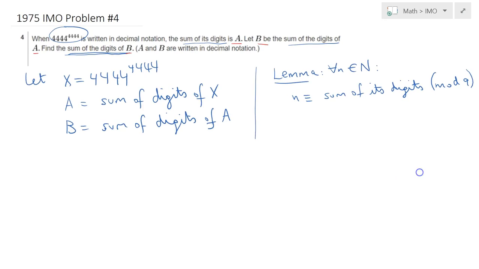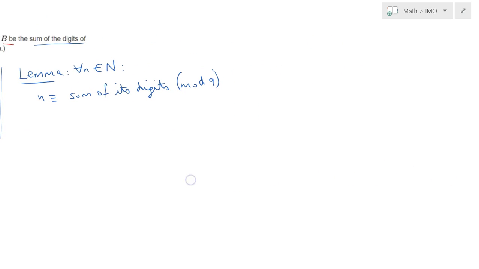In fact, let me just take a few minutes to prove it. And this lemma is closely related to the divisibility by 11 rule as well. The logic is very similar. For the proof of this result, consider a number n, which in its decimal representation is written as d sub k plus 1, down to d sub 2, d sub 1.